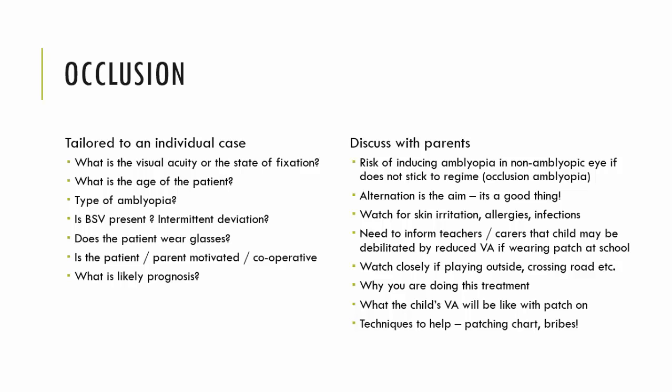Now, if you do not warn your patient and their parents that the left eye may begin turning, it will be a shock. And they will become extremely worried about why the strabismus has now moved over to the left eye. So informing the parents is critical in the success of your treatment.